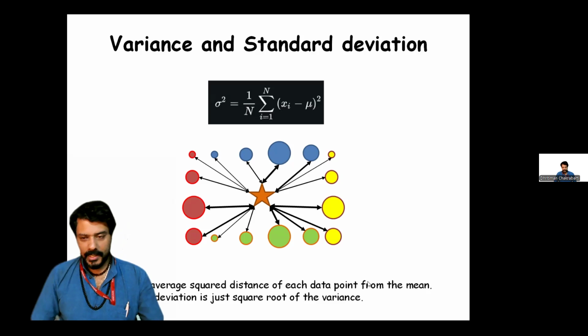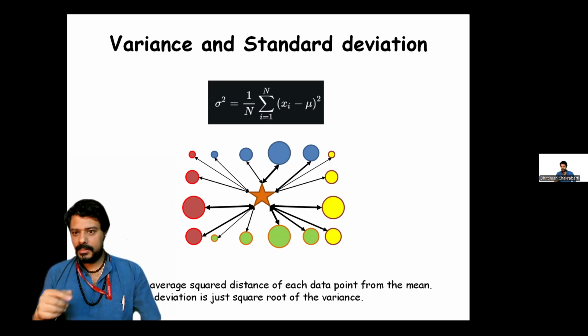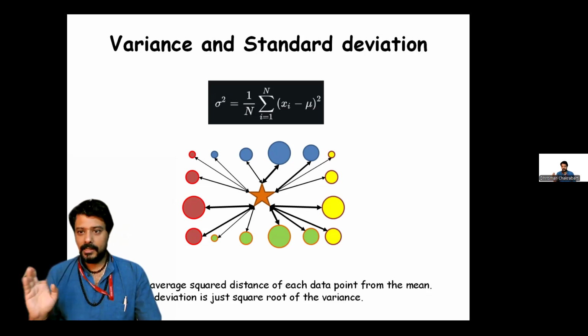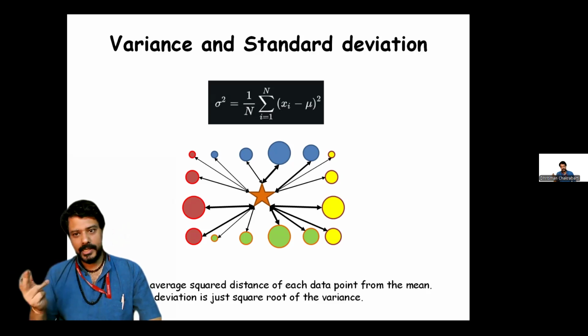Again, the caveats that apply to the mean also apply here, meaning that if you have outliers in the data, your standard deviation will be impossibly large. The problem with standard deviation is that it is symmetric on both sides of the mean.